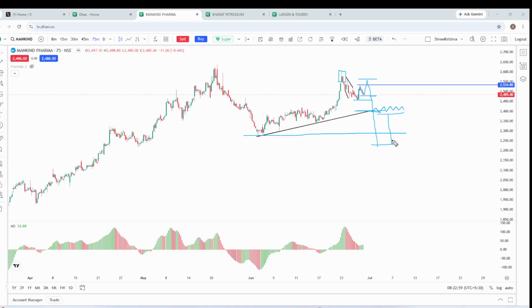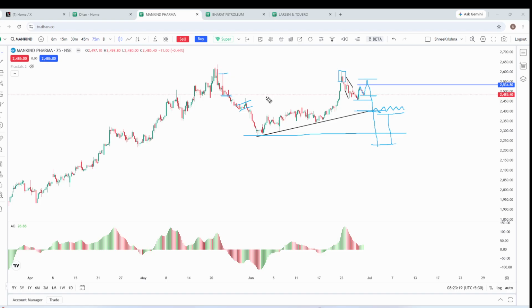This is important because what I am trying to say is that if you know how to trade, there is no imagination line here. If you see here, this was a consolidation and it made a huge move, then it made a consolidation and it broke down. This was a consolidation.